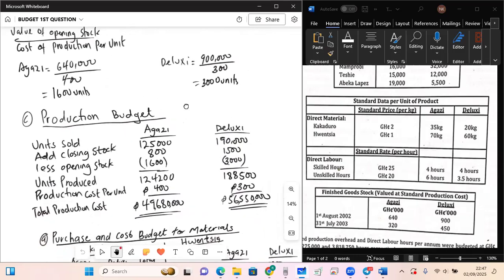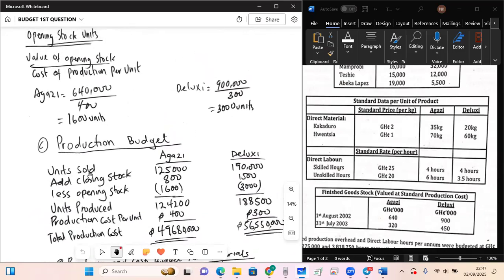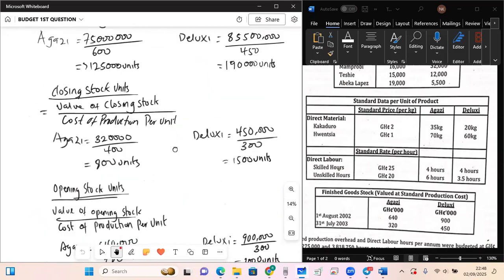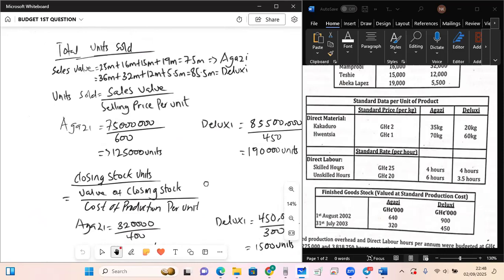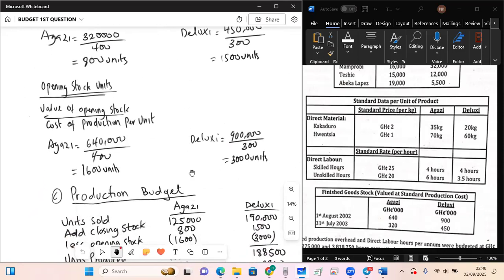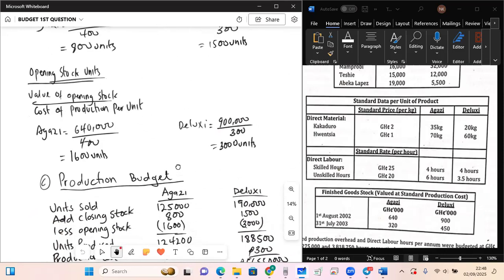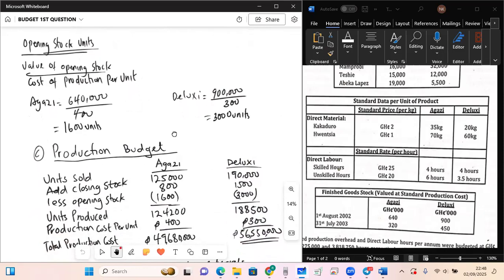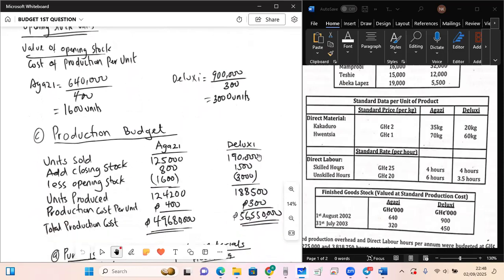Now, the production budget is keenly based on the number of units we sold. That's why we actually prepared the first schedule, to get the number of units sold. Because if you know the number of units sold, you can work out the number of units produced. So the number of units sold will come first.